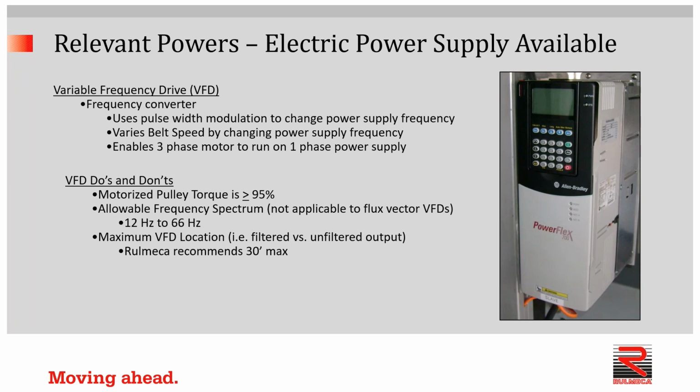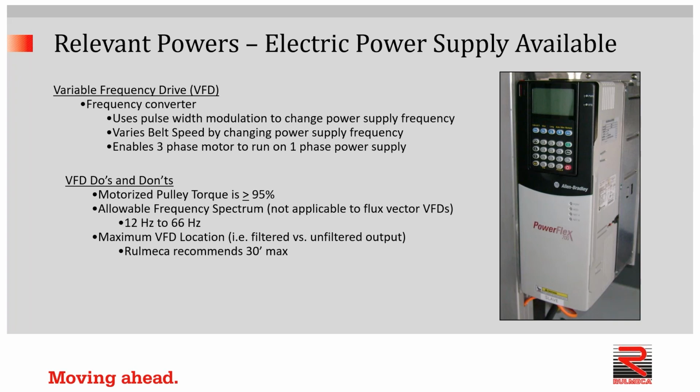But nowadays, since flux vector VFDs are very common, that limited frequency spectrum has gone away. It's possible to have a much wider frequency spectrum. However, it must be done in a manner that we're describing here, where required power at all rates is checked against available power at those same rates.